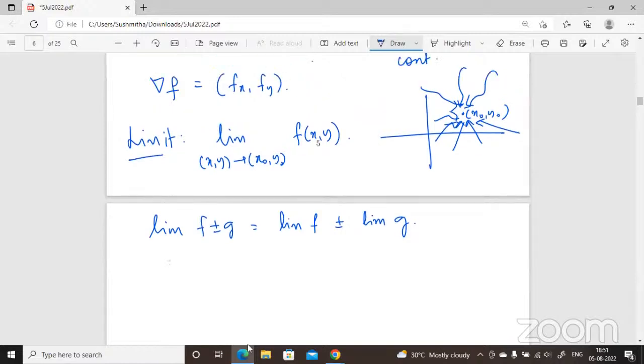Hello, ma'am. For limit does not exist, that we can find, but how do I find that a limit exists? That is the most important, I think. For continuity, I need to check whether the limit exists or not. Yeah, showing that limit exists is not an easy task, and we haven't studied the entire concept of limit, how to check whether the limit exists, in this course.